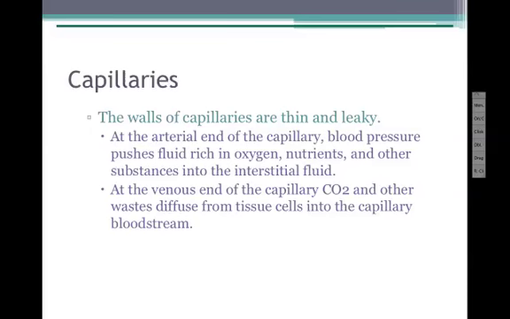So that higher blood pressure helps push the fluid through those leaky capillaries. At the other end of the capillary, where it's entering the vein, now you've got CO2 and waste products from the tissue cells that have to pass into the capillary bloodstream.